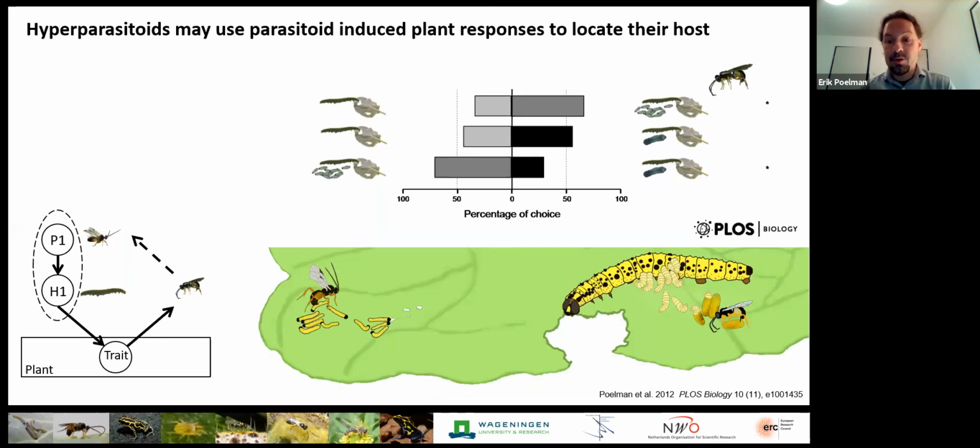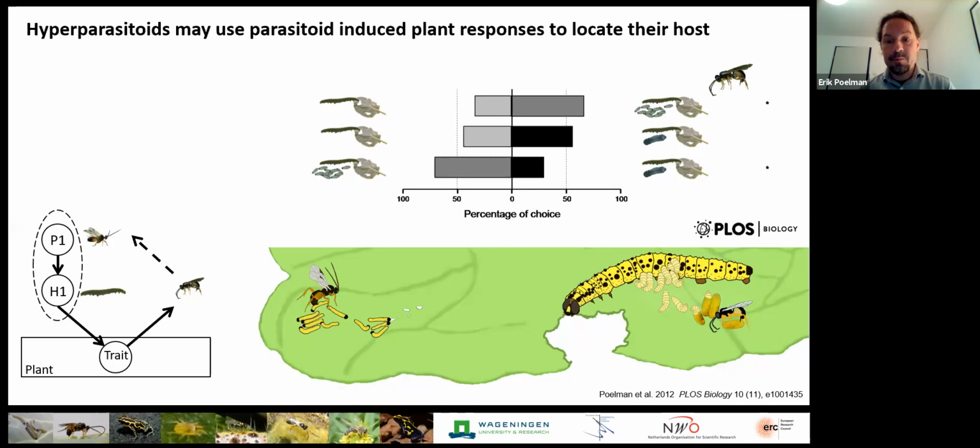The changes in oral secretion by the parasitoid in the caterpillar is eliciting a different response in the plant, which is going to make a different odor blend, and that makes it so that the hyperparasitoid can smell whether on a plant there are now parasitized caterpillars or there are healthy caterpillars.